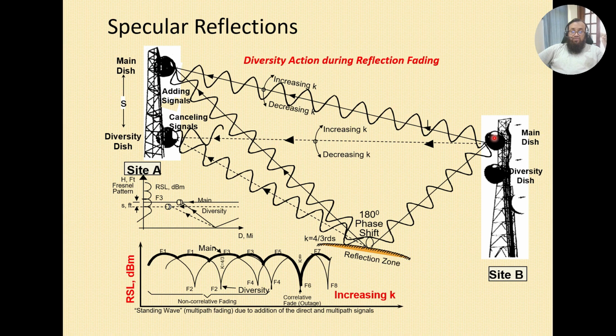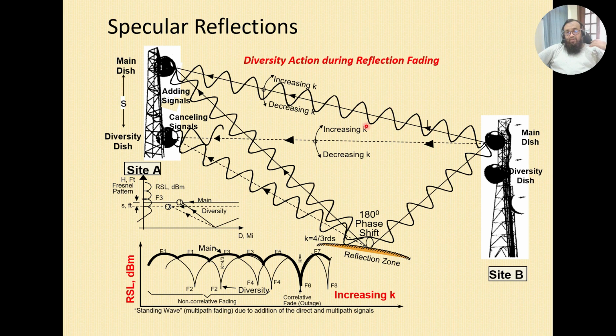This antenna is transmitting, and this is the main incident, main to main. This is where we generally pan our antennas as well, and this is main to diversity, and this is the reflection. Reflection can also go to main or diversity depending upon the incident angle. As we know, an increasing value of k turns the wave upside, and a decreasing value of k tends to turn the wave downside.